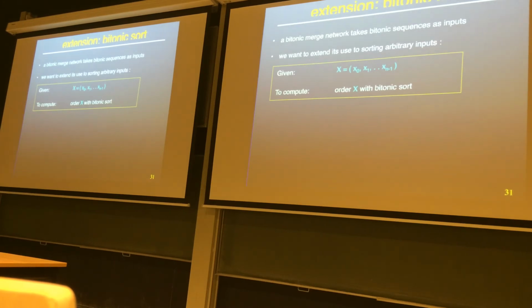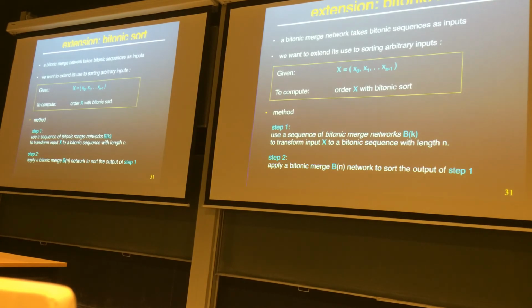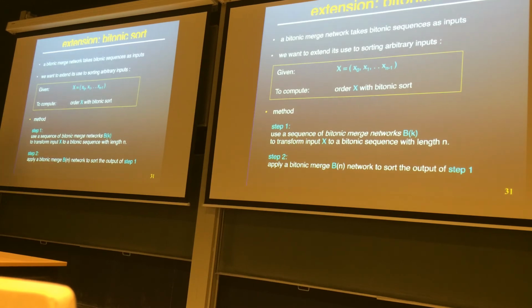So, how to extend now our bitonic merging network to a bitonic sorting network. Given an arbitrary vector of inputs, how to come up with an ordered variant of x using bitonic sort? Well, we apply 2 steps. In step 1, we use a sequence of bitonic merging networks, Bk, to transform the input to a bitonic sequence with length n.